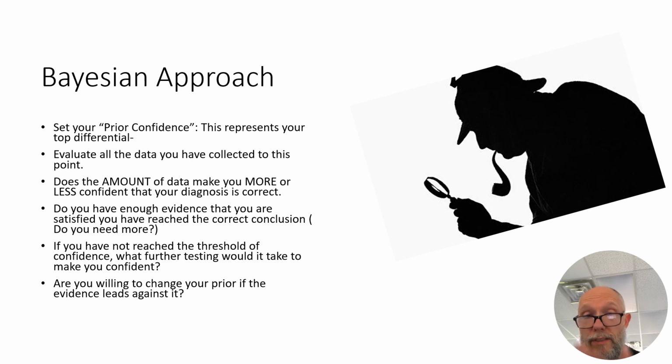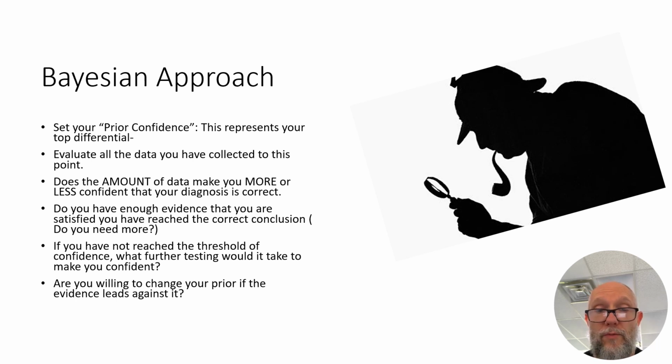Then the next question is this. Do you already have enough evidence that you're satisfied that you know what's wrong? If you feel like you know what's wrong with the patient, then do I need diagnostic testing or do I just treat the patient, right?